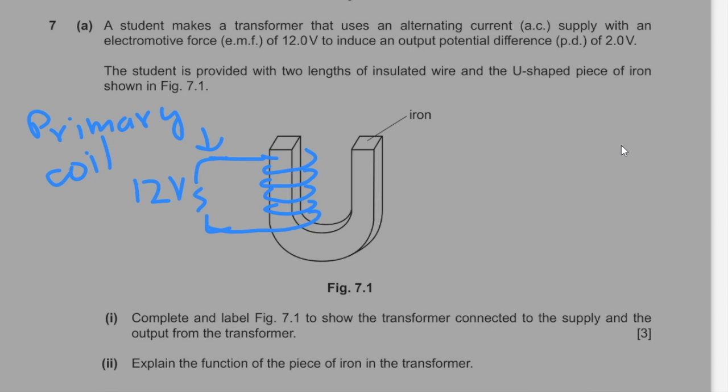So the output is of 2 volts, which means the number of coils over here is going to be less. I'll just draw 3 of these, and you can put any output over here. I'll just name it the secondary coil.